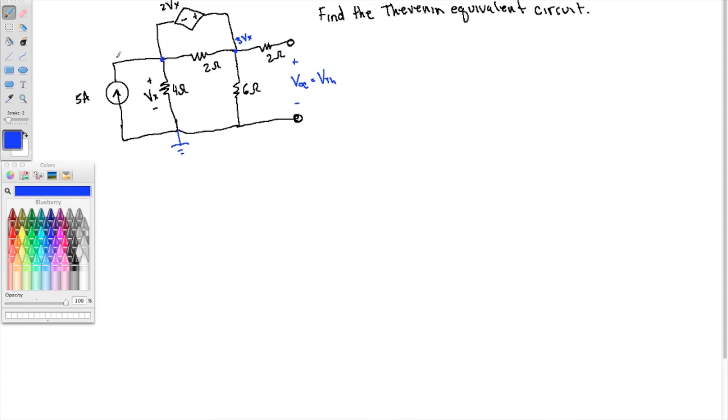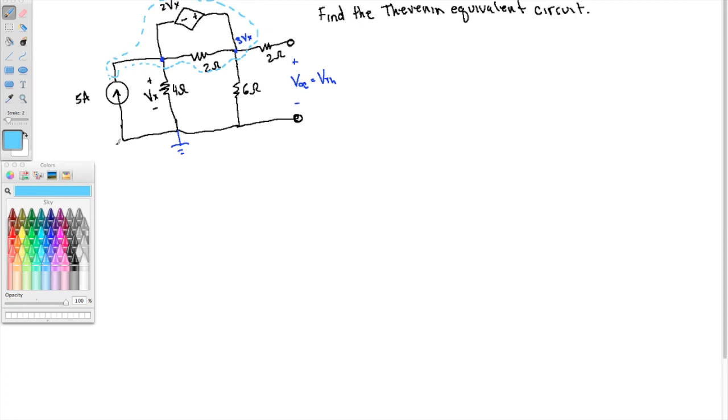Okay, so let's use nodal analysis then. Nodal analysis at this node, right? That's the unknown voltage, and we are going to make a supernode of this thing.